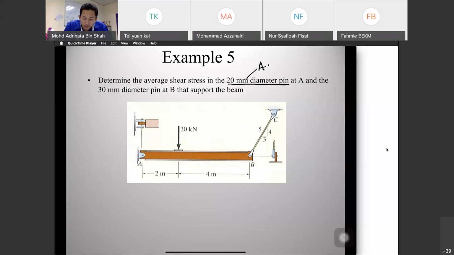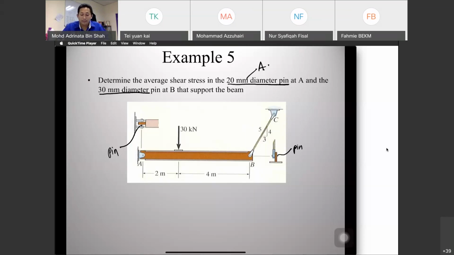Pin at A. So this is the pin, the diameter is 20 mm. And the 30 mm diameter pin at B. So this is the pin, diameter at B.